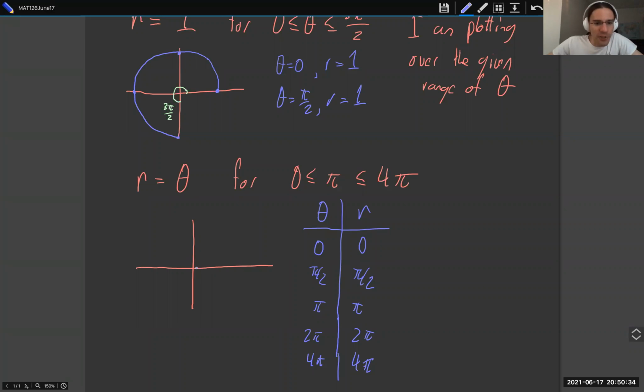So I start off at the angle 0. Then let's say that this is going to be 4 pi. And let's say that this is 2 pi. And then if this is 2 pi, then this should be pi. This should be pi over 2. This should be this.